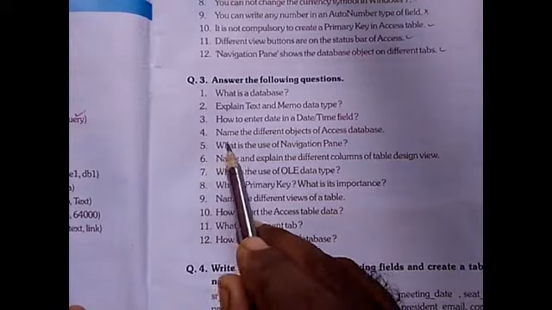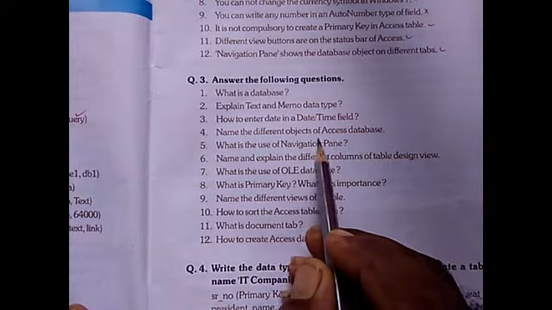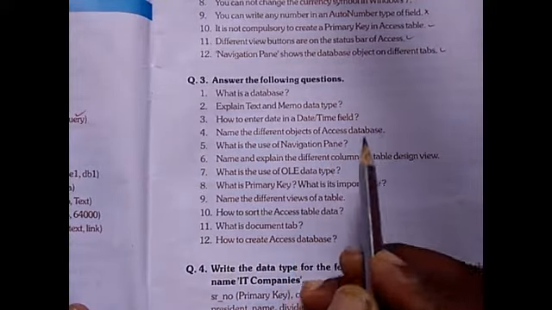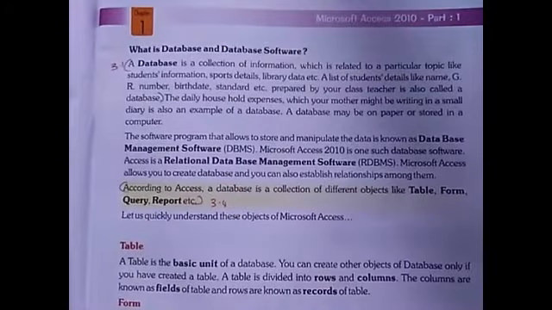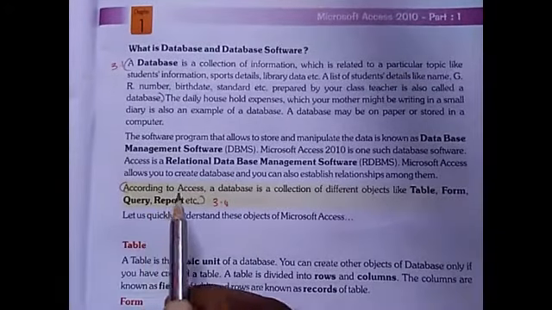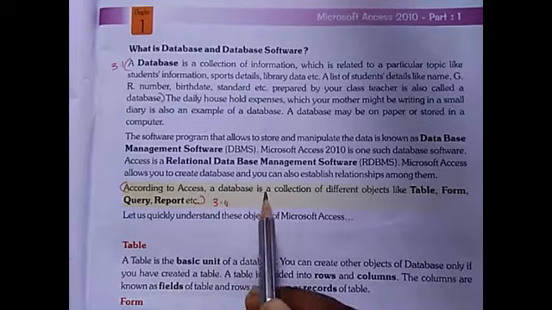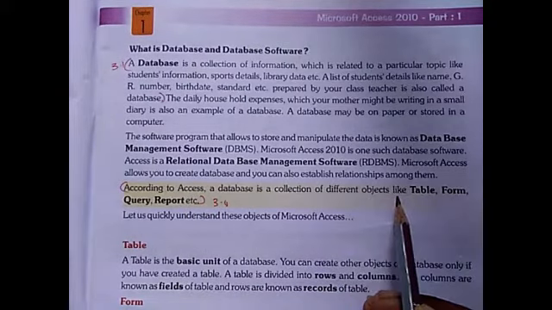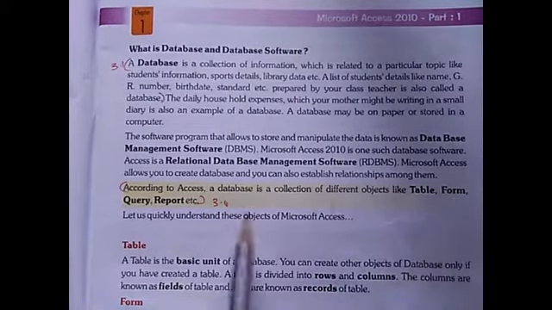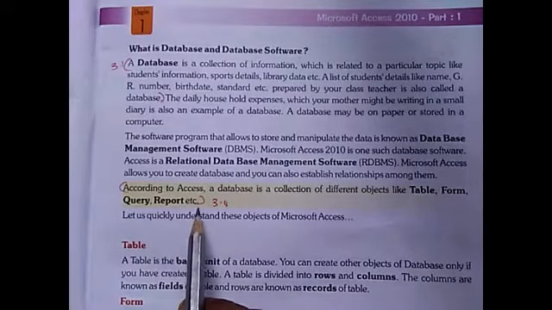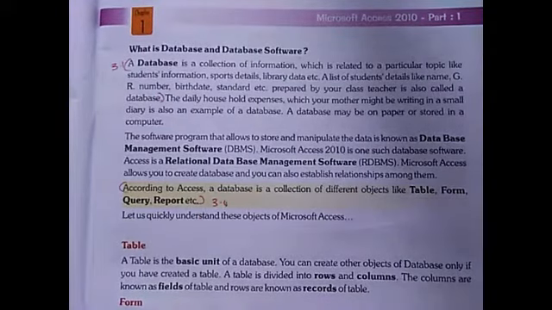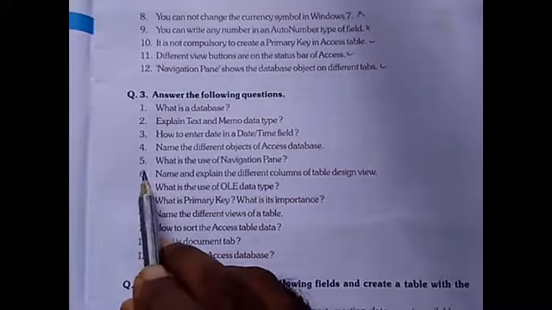Next, number 4. Name the different objects of Access database. Answer. According to Access, a database is a collection of different objects like table, form, query, report, etc. Next is number 5.